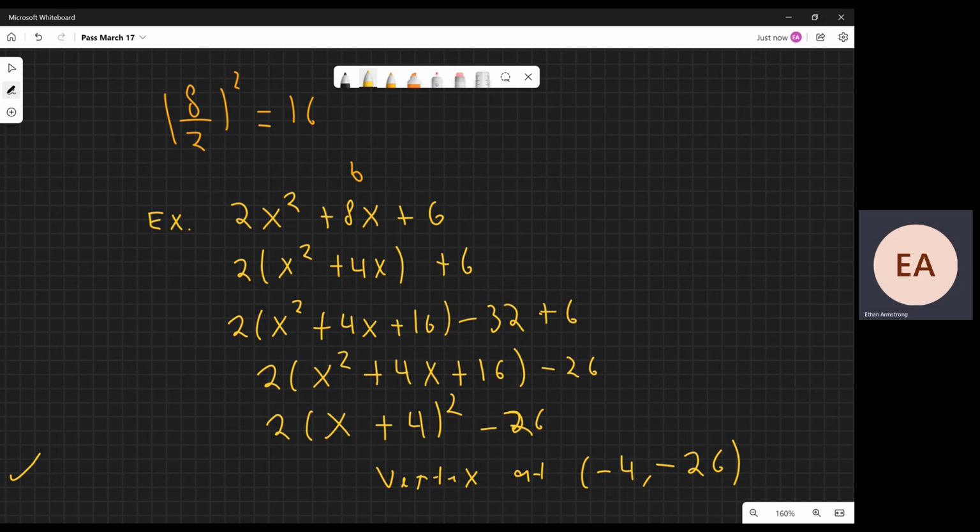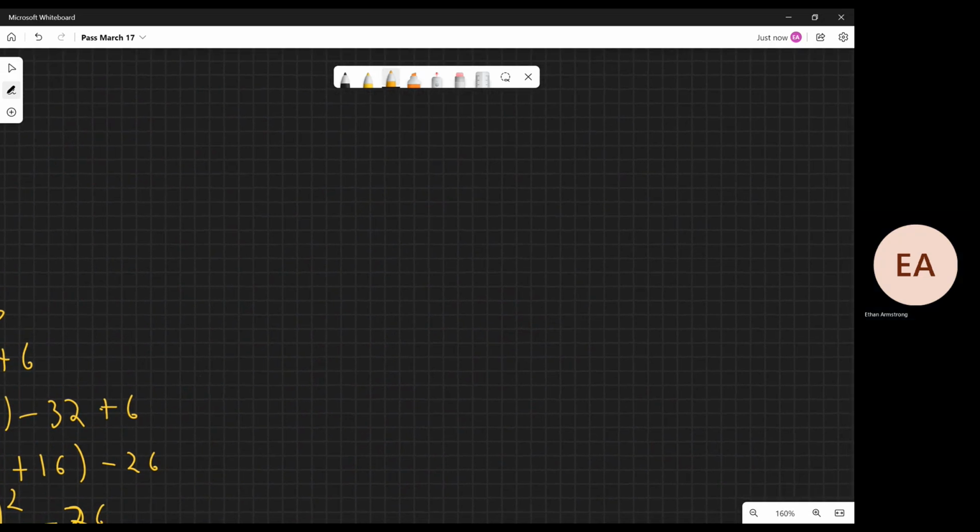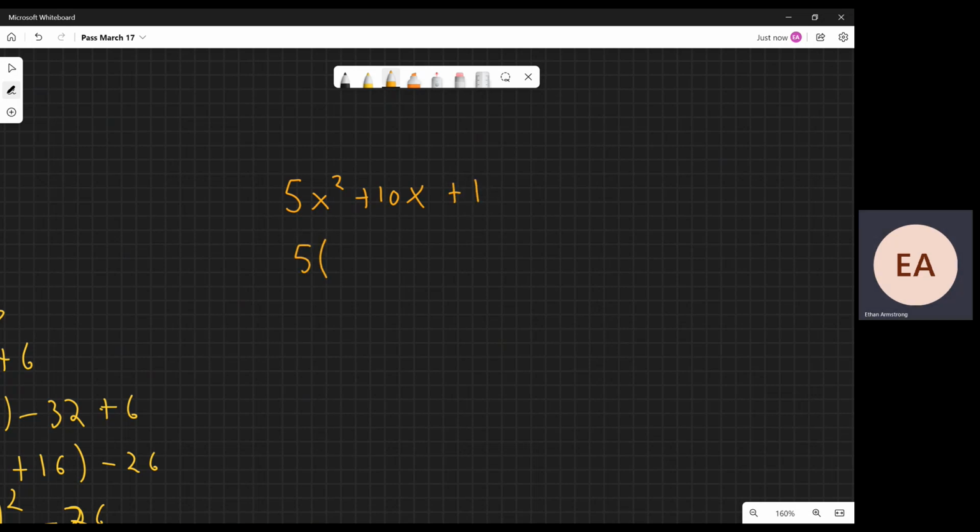And I guess we have time for another example here. So say we had 5x squared plus 10x plus 1. So same steps, we factor out that coefficient of a. 10x divided by 5 would be 2x. Then we keep our c value out to the side. Now we divide this inner value by 2 and square it. So 2 divided by 2 squared is 1 squared, which equals 1.